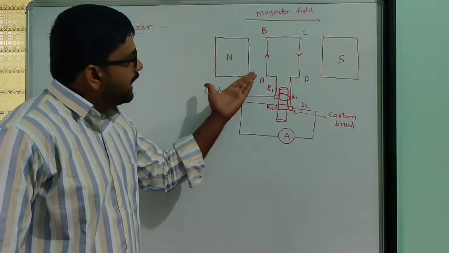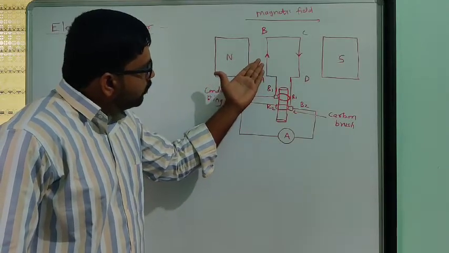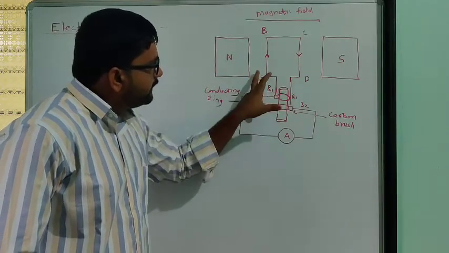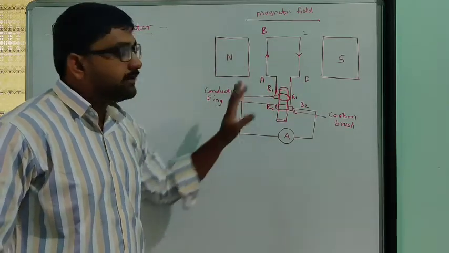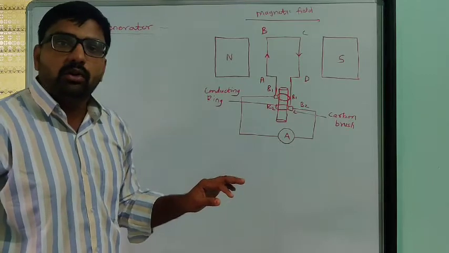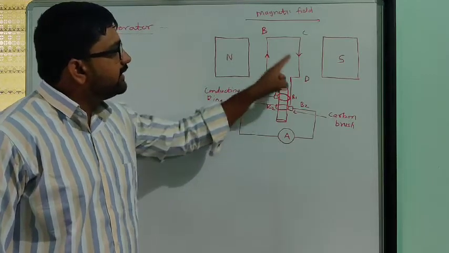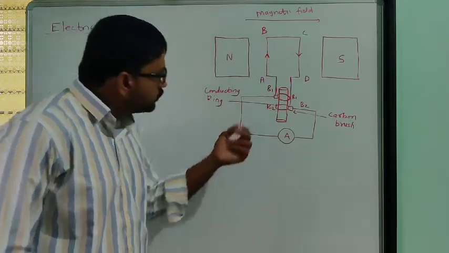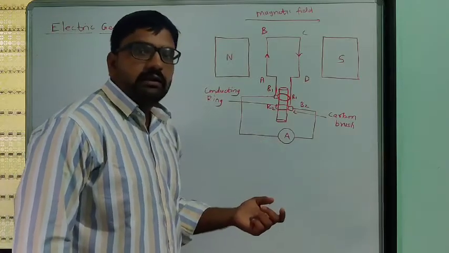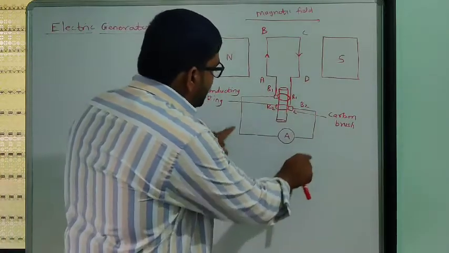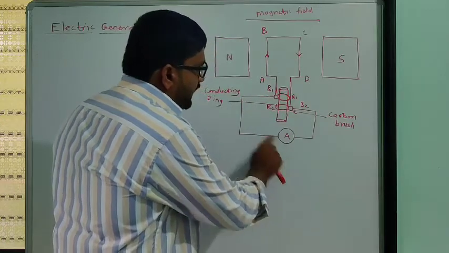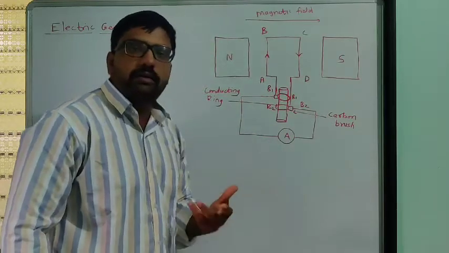As this conducting coil moves in the magnetic field, electricity is generated in the coil. We want to check whether electricity is produced or not, so we connect an external circuit with an ammeter.